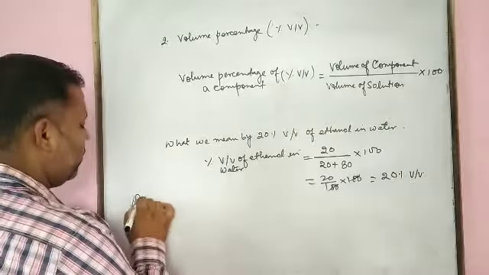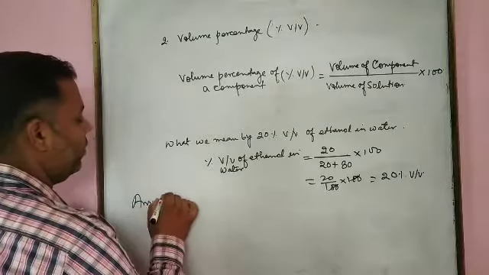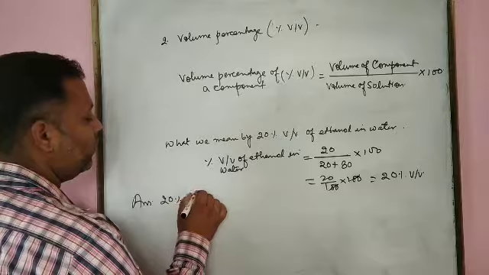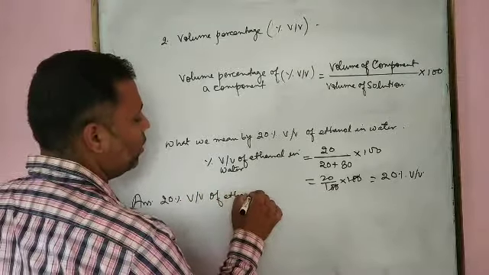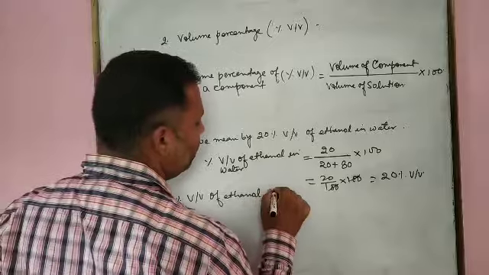What do we have? We have 20% V by V of ethanol in water.